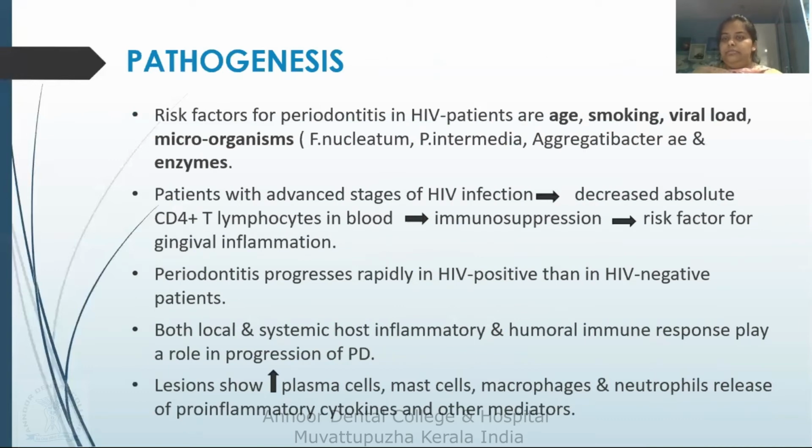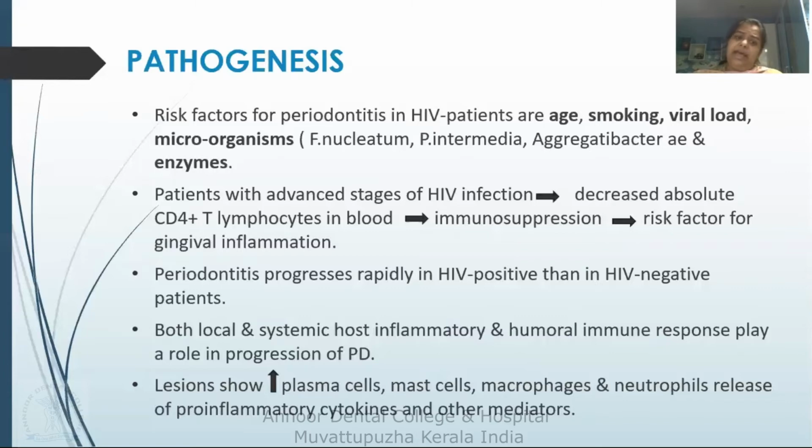Now, what is the pathogenesis? I've already given you a small summary. What are the risk factors for periodontitis in HIV positive patients? The risk factors are age, smoking, the amount of viral load, microorganisms, okay? And when we see category C or category 3, what did we see? They had the cell count of less than 200, right?